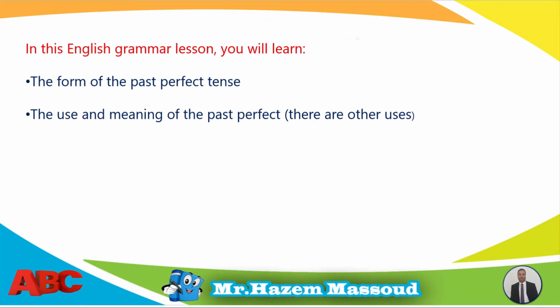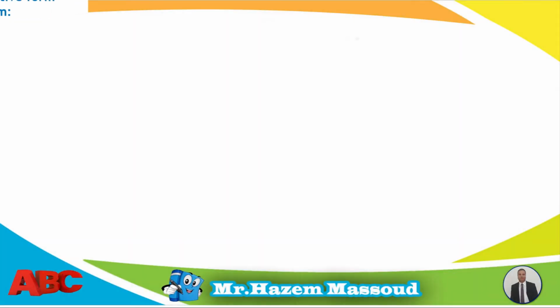In this English grammar lesson, you will learn the form of the past perfect tense, the use and the meaning of the past perfect. There are other uses. First, we will talk about the form in affirmative form, full form, and a contracted form.